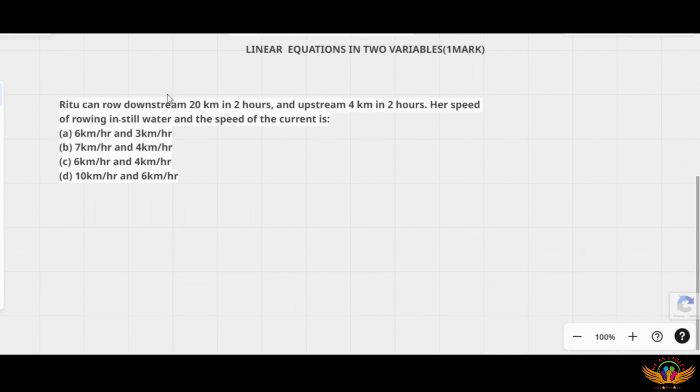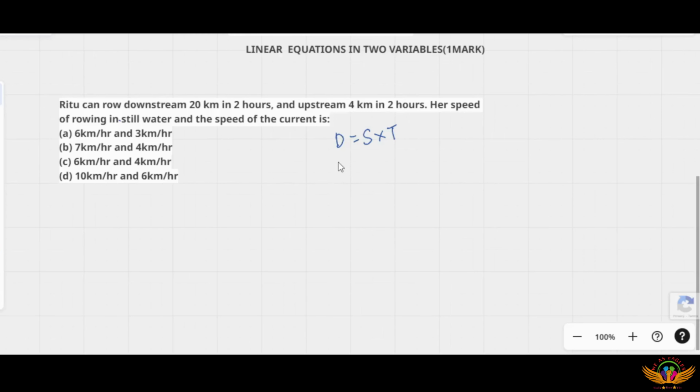So this is another important pattern of question in linear equations, asking about the speed of the current. So here the important formula that you have to remember is distance is equal to speed into time. And also you have to know the downstream speed and also the upstream speed.